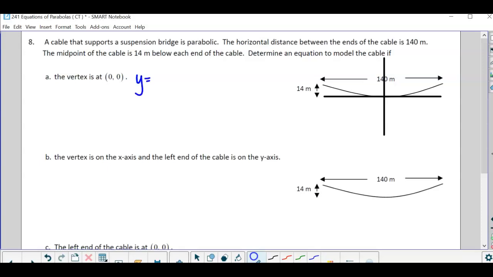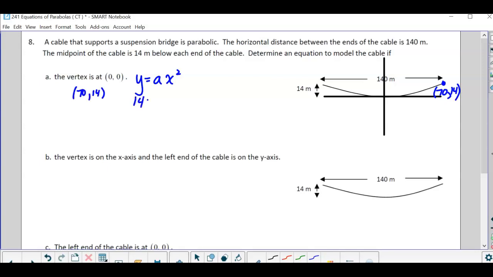So now we're going to have y equals a x squared, just that, because it's at (0, 0). Another point on our graph is 14 meters up and half of 140. So that would be (70, 14).